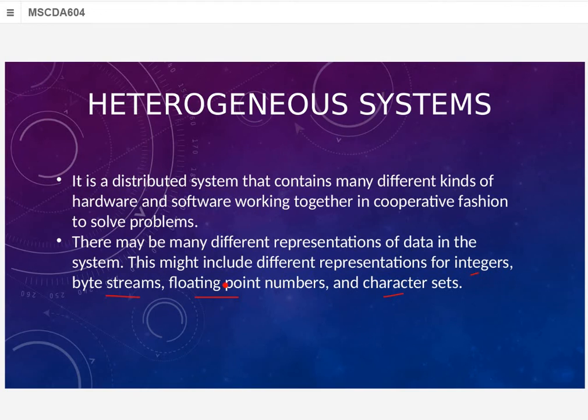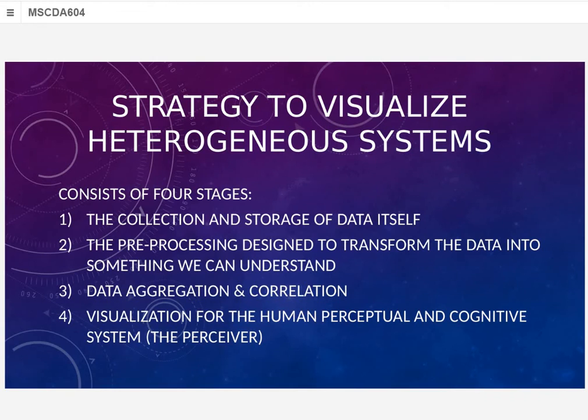These are heterogeneous systems, and so to visualize them, the strategy starts with the collection and storage of data itself. You need to know how to collect and store the data before analyzing it. You need to pre-process and transform the data into something that you can understand yourself.